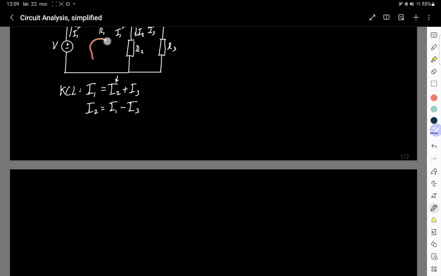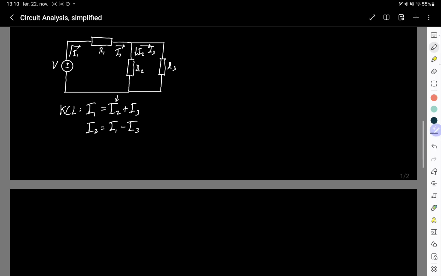We're going to move around like this. It's the same principle on both sides, but they are separate from each other. So we can do it here, or we can do it here.